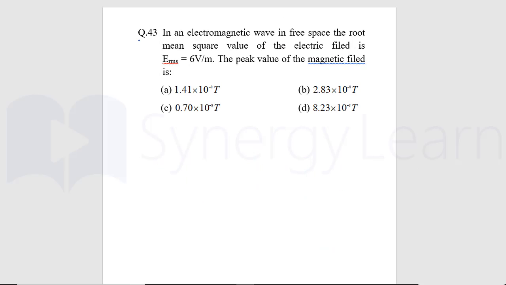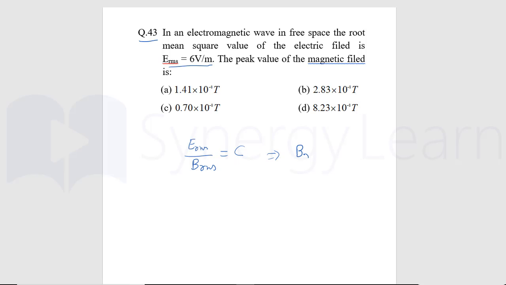In question number 43, it says, in an electromagnetic wave in free space, the root mean square value of electric field is 6 volt per meter. The peak value of magnetic field is. So, in an electromagnetic wave, E RMS by B RMS is equal to speed of light.